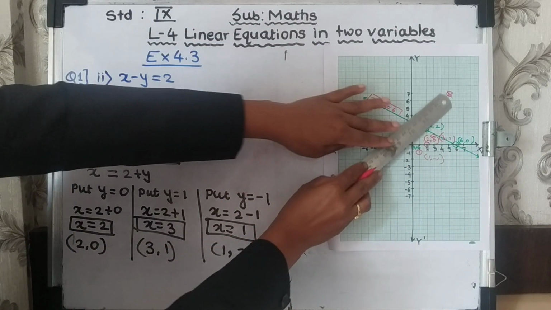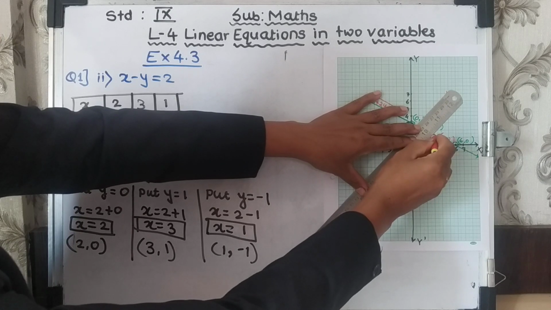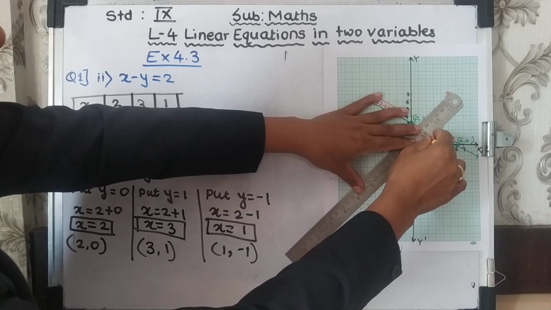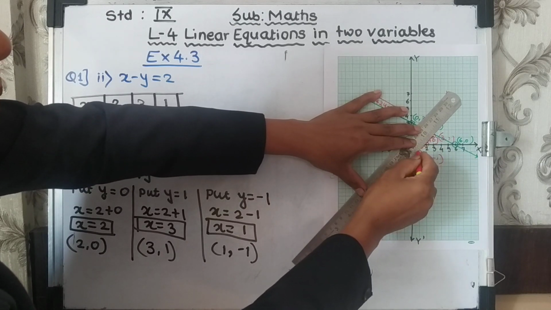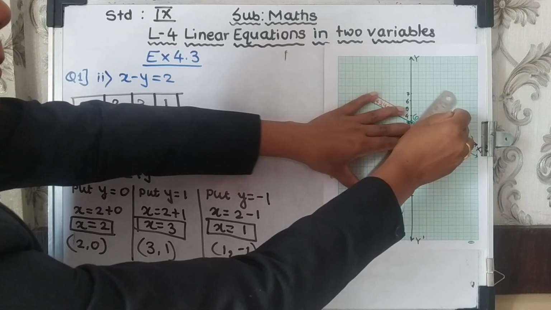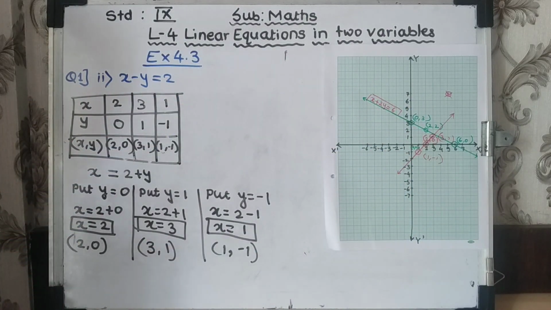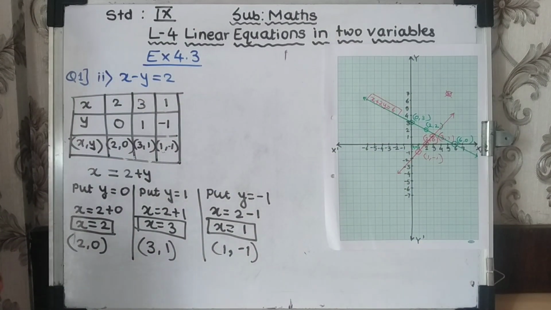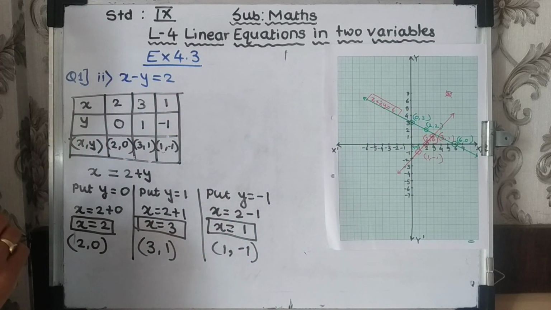See? So we will join them with the help of a scale. So likewise we got the line. Now at one end of the line, we are going to write the equation.